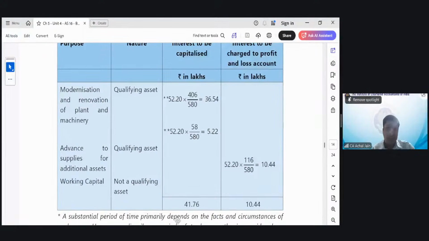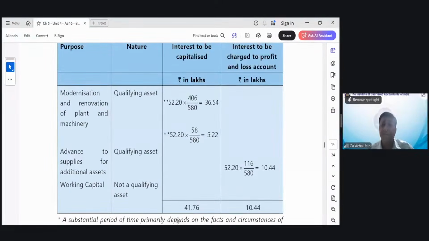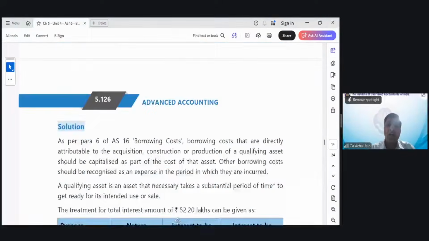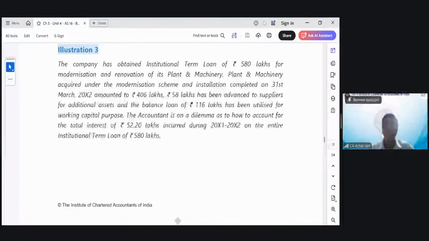I think that's the first part, because accordingly you will decide what amount you will capitalize and what amount you will not capitalize. Now, if you look at this 116 lakhs, which is used for working capital purpose, is it a qualifying asset? Answer is no.